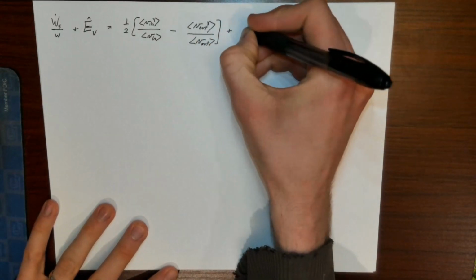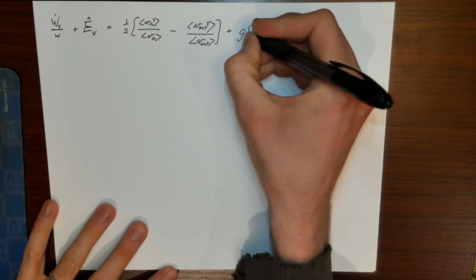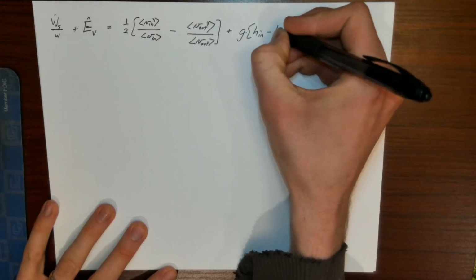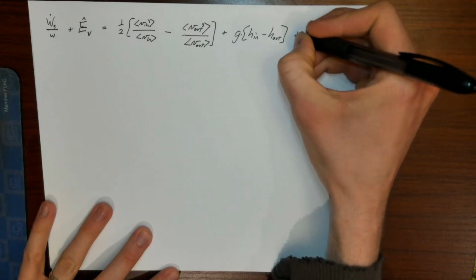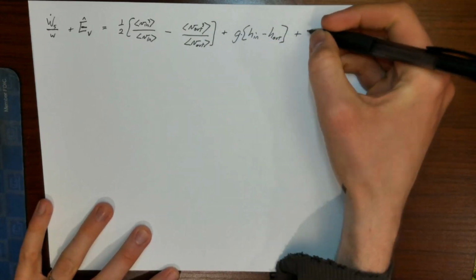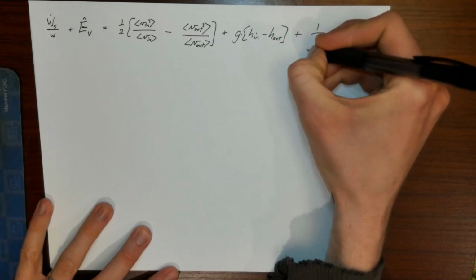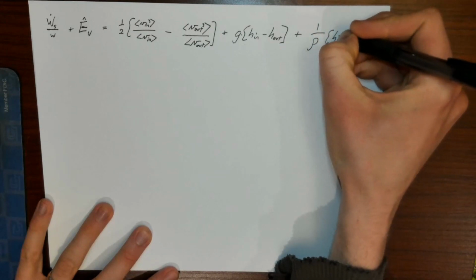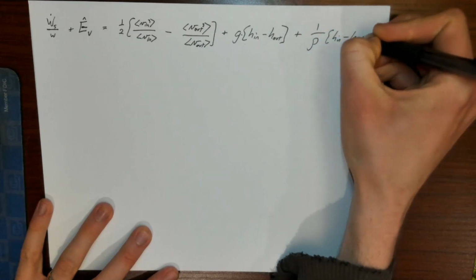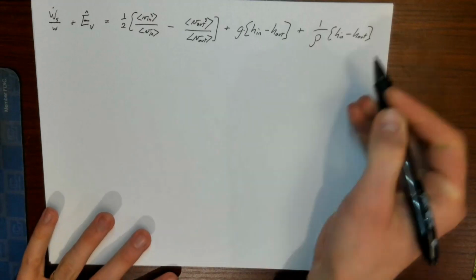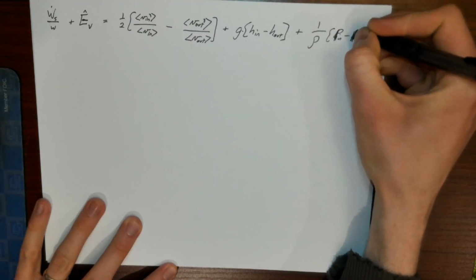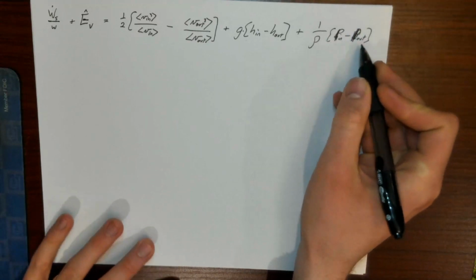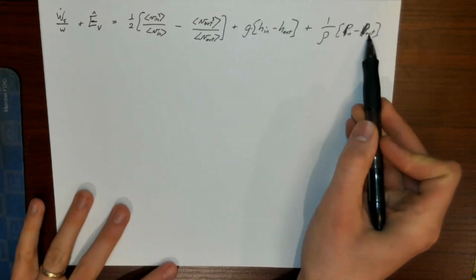And then we have g times (h in minus h out). This is the potential energy change of our system. And then we have 1 over rho times (P in minus P out). This is essentially the pressure at the inlet and the pressure at the outlet.